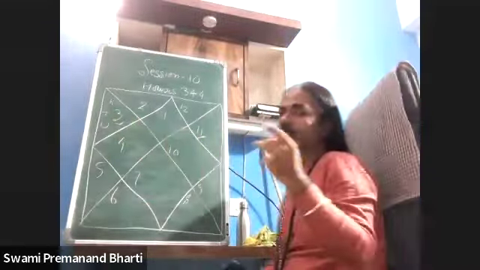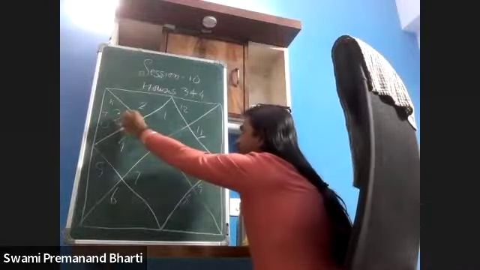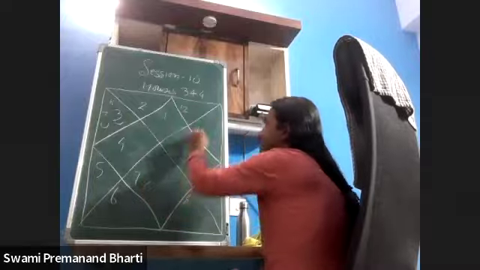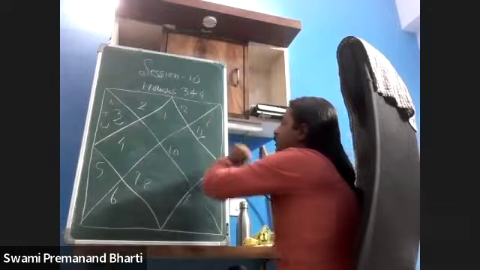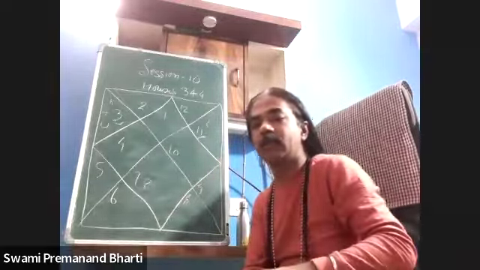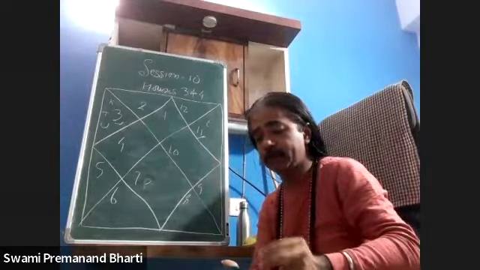There are three houses which are related with the business. Third house is sole proprietorship, self-effort. Seventh house is partnership, and 11th house is entrepreneurship. That is the main difference between these houses in terms of business.